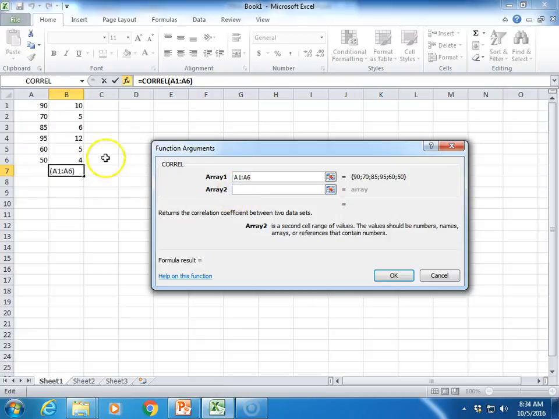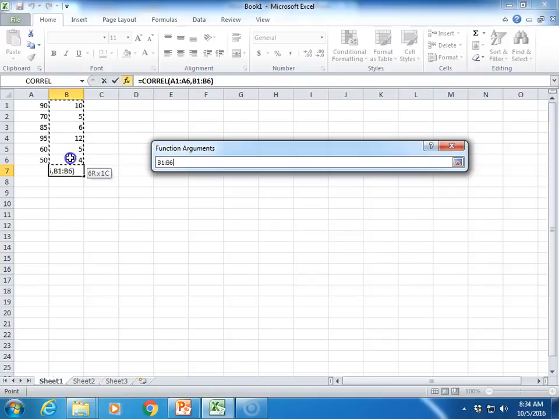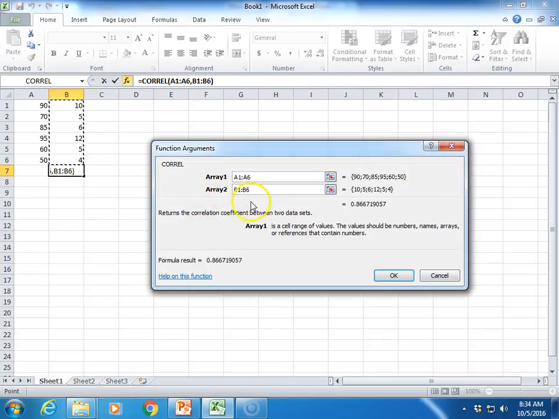Click into the second variable and do the same thing with the second variable. Hold your mouse down and drag through it. And there's the correlation coefficient right there. Might be hard to see on the screen, but 0.866, which we just had done by hand. A lot easier, a lot quicker than doing it by hand.